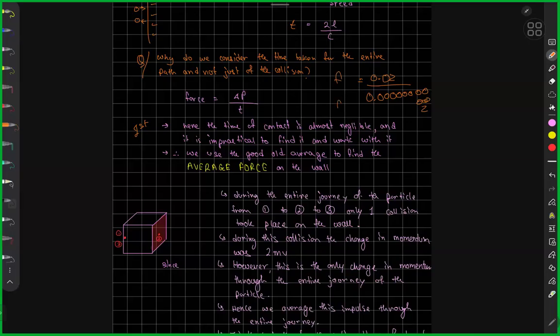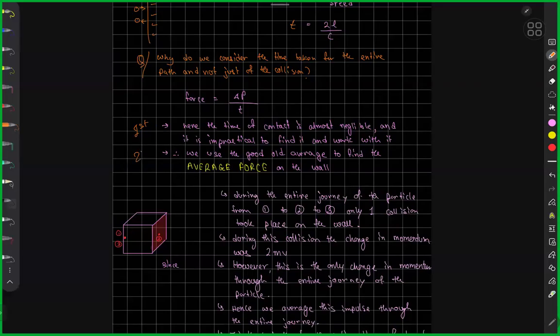What will force be? Almost infinity, really large. That is not what happens in real life. It's not an infinite amount of force applied on the wall of the container. So since the time is negligible, considering that is not possible.